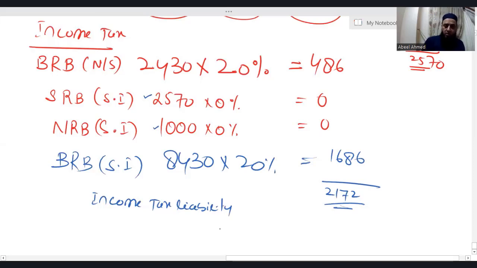Now let me tell you one thing. You just need to remember one thing: when the starting rate band concept comes and when it does not come.